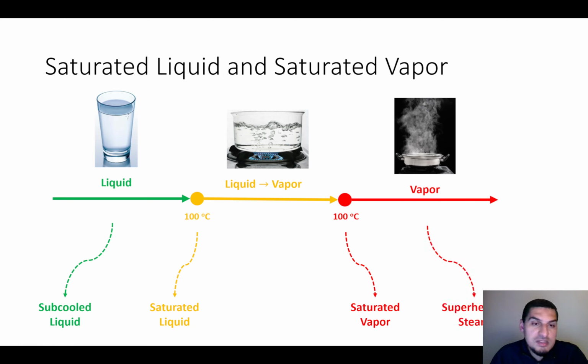And here it's steam because it's water, so the water vapor is called steam. If it's something else, it can be superheated ethanol, superheated hexane, and whatever the compound that we are interested in, it's going to be called superheated.